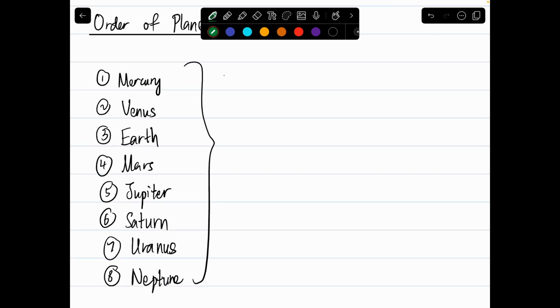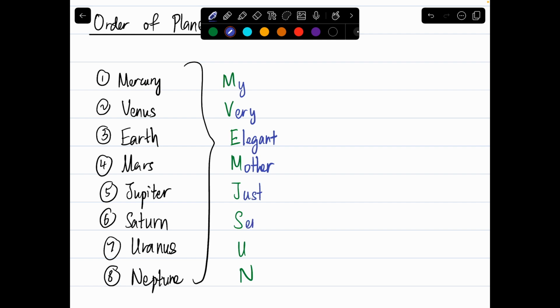So we have M here, we have V here, we have E, M, J, S, U, and N. So when I was studying in my primary school, I was taught this mnemonic, which is my very elegant mother just served us nuggets.